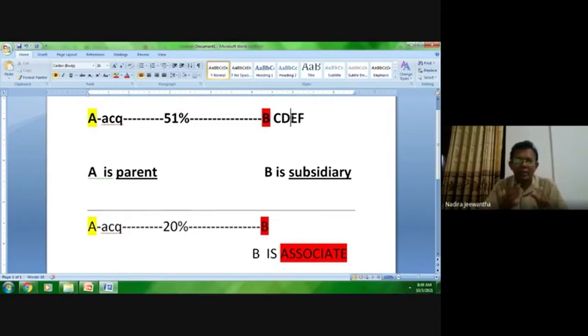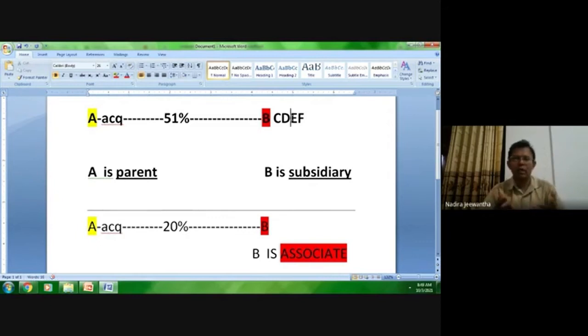If you take the parent and subsidiaries together, we call it a group company. Have you heard this? If you say group companies, it means you have more companies within the group. One owner, which is the parent, and many subsidiaries. That's a group.